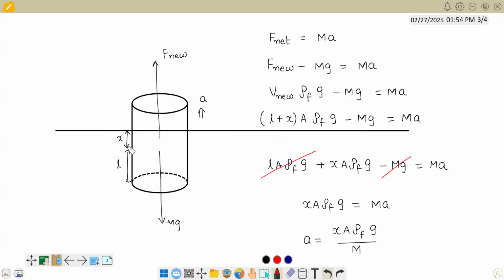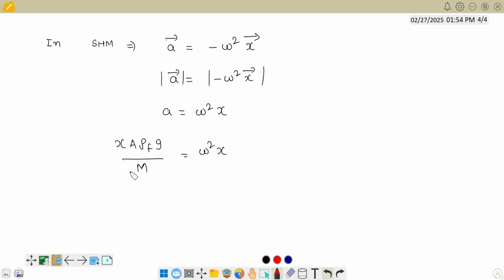The displacement is downward, the acceleration is upward. Straight away we can tell that this is an SHM. The negative sign is not there because these are magnitudes. If I do it vectorially, we will get that negative sign. So a equals omega square x, and he is asking us to find the time period also. So omega will be equal to root of rho 1 A g divided by m.